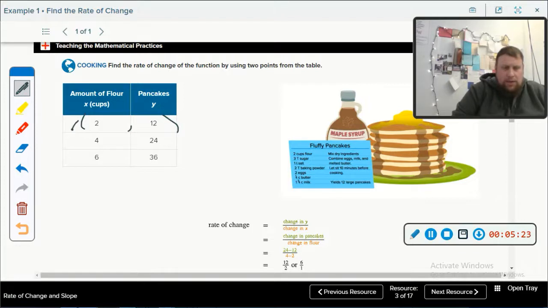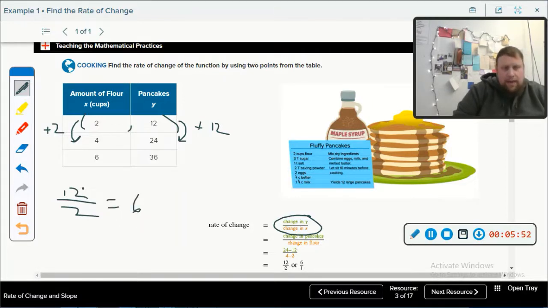What is our change in x? Our change in x is plus 2. Over here, what's our change in y? It's plus 12. So what am I going to do? I am going to find the actual rate of change, and remember, it's my change in y over my change in x. So I'm going to have 12 over 2, which equals 6.